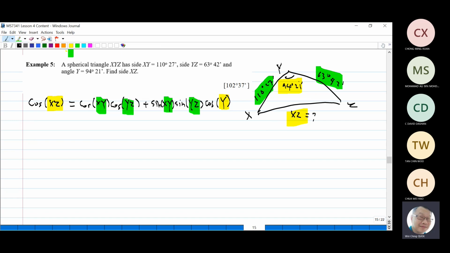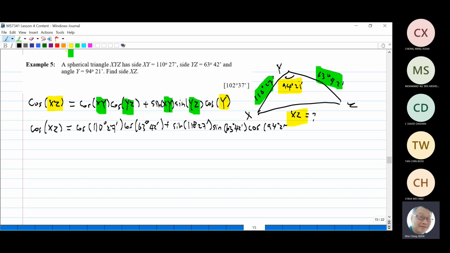So put inside there: cosine of XZ equals cosine of XY, 110 degrees 27 minutes, cosine of YZ, 63 degrees 42 minutes, plus sine of XY, 110 degrees 27 minutes, sine of YZ, 63 degrees 42 minutes, and then cosine Y, 94 degrees 21 minutes.